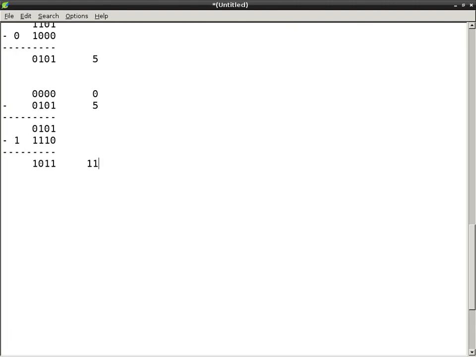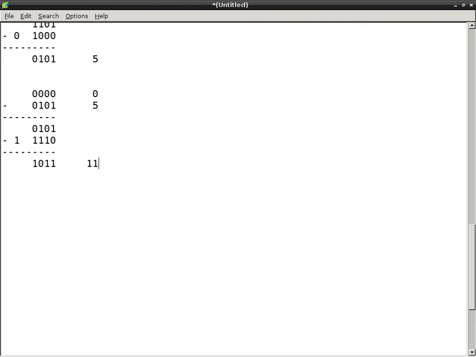If I look at the bit pattern 1, 0, 1, 1, I can look at it as 11 when I count in this direction, but I can also look at this as -5 when I count from the opposite direction, saying this is 0 minus 1, 0 minus 2, 0 minus 3, 0 minus 4, and 0 minus 5. And it seems to make sense to look at this bit pattern, 1, 0, 1, 1, as -5 because it is the result of 0 minus 5. Is that okay so far?